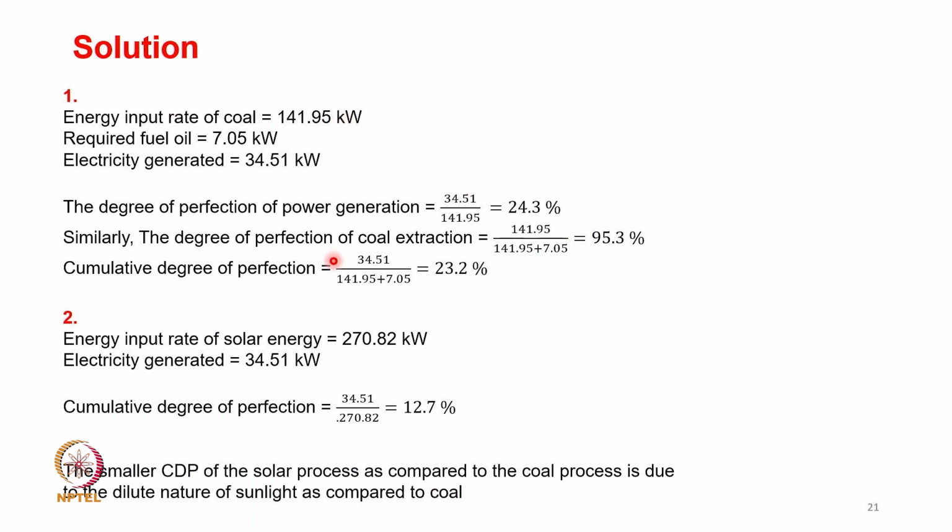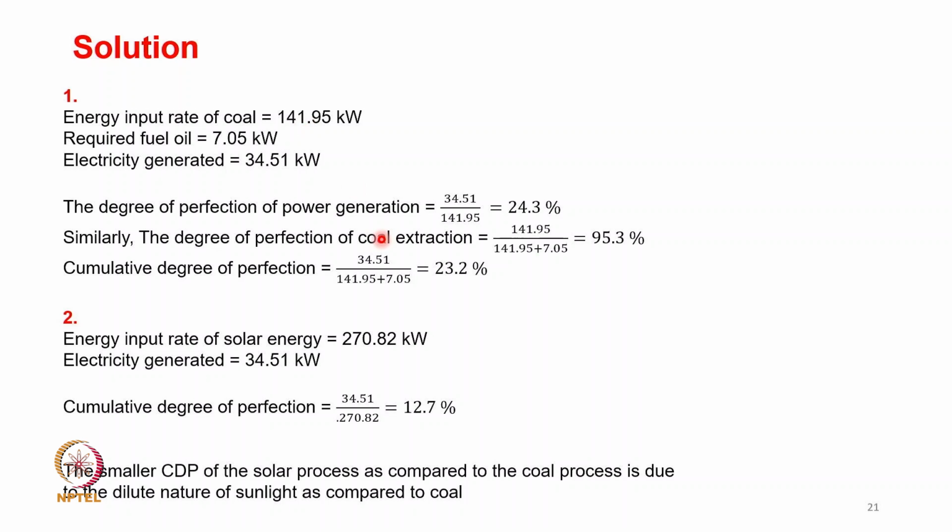And the degree of perfection of the extraction becomes 141.95 divided by 141.95 plus 7.05. And what is the cumulative degree of perfection, which is of course 34.51 divided by 141.95 plus 7.05. So this is for the non-renewable cycle.